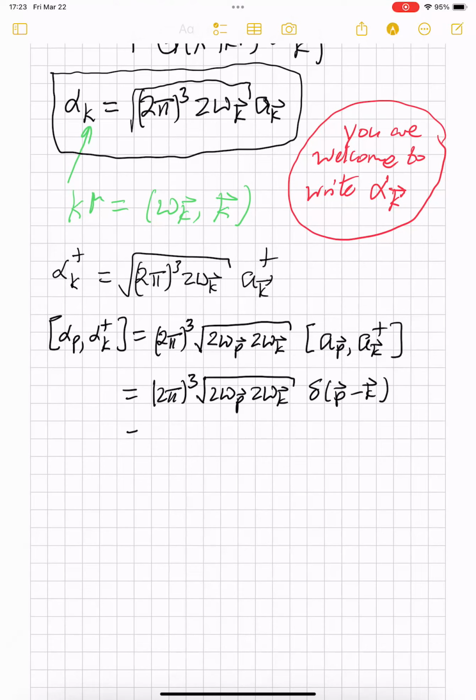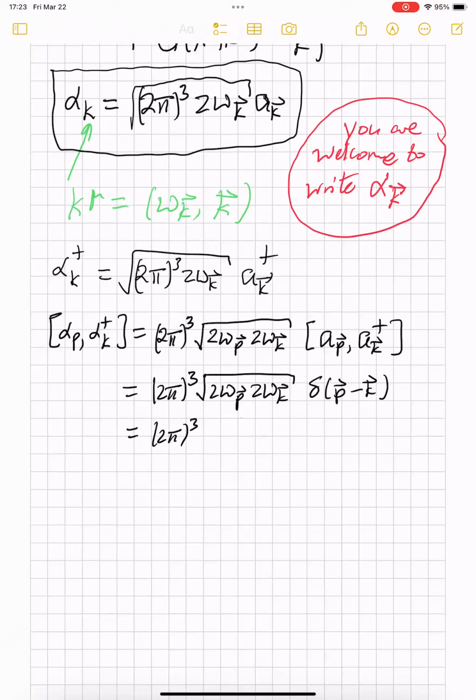And if we do that, then we get 2π cubed. Inside the square root, you get 2ω_p times 2ω_p. So the square root of that is just 2ω_p. And then we've got a delta of p minus k. And the good news here is, if you remember, 2ω_p times the delta function is Lorentz invariant.